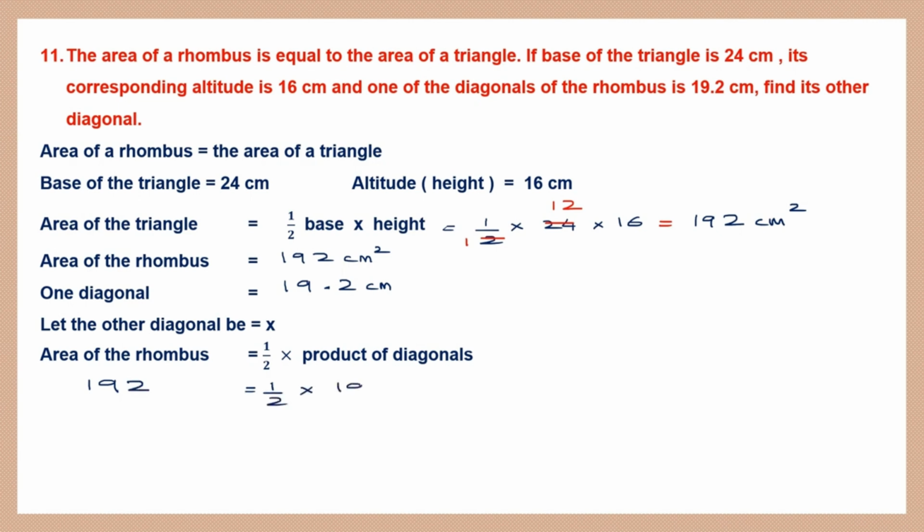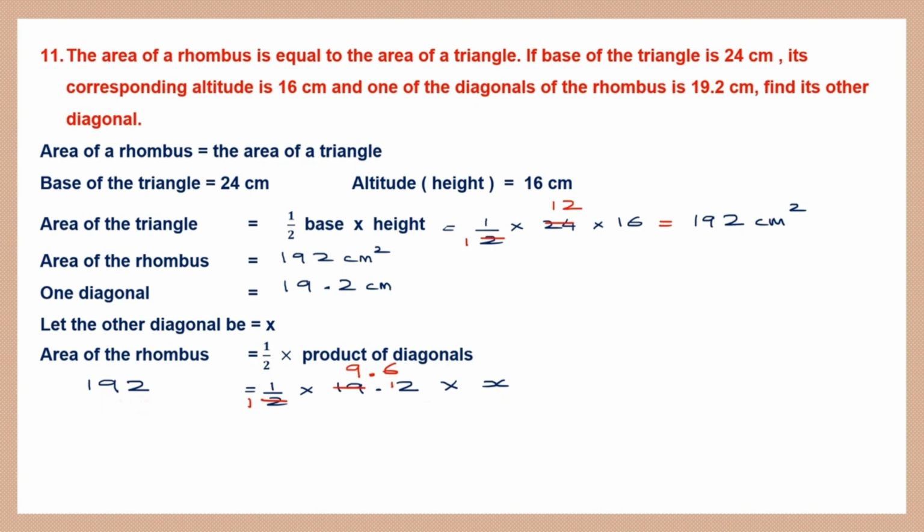So one diagonal is 19.2. Other one we don't know, we're going to call it x. I can cancel 2 and 19.2. 2 ones are 2. Now 19, we can take 18. 2 nines are 18. What is left is 12. So put the point, and 2 sixes are 12. So we have 9.6. So we have 9.6 into x is equal to 192.